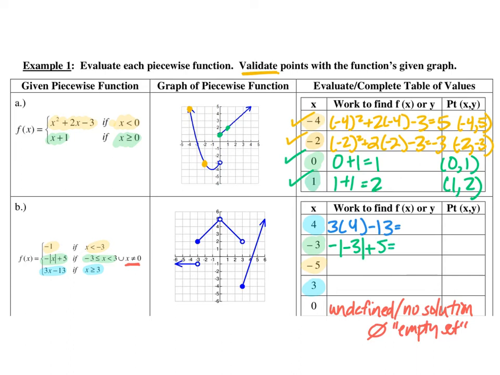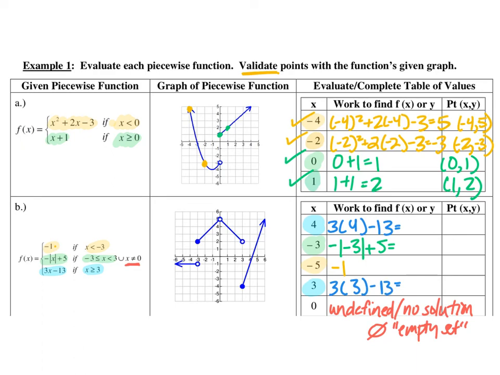Substitute negative 5 into the yellow function. Now notice there's no x to substitute in for the yellow function. So basically for the yellow function, for every input, you're always having an output of negative 1. And then finally we substitute 3 into the blue function. 3 times 3 minus 13.